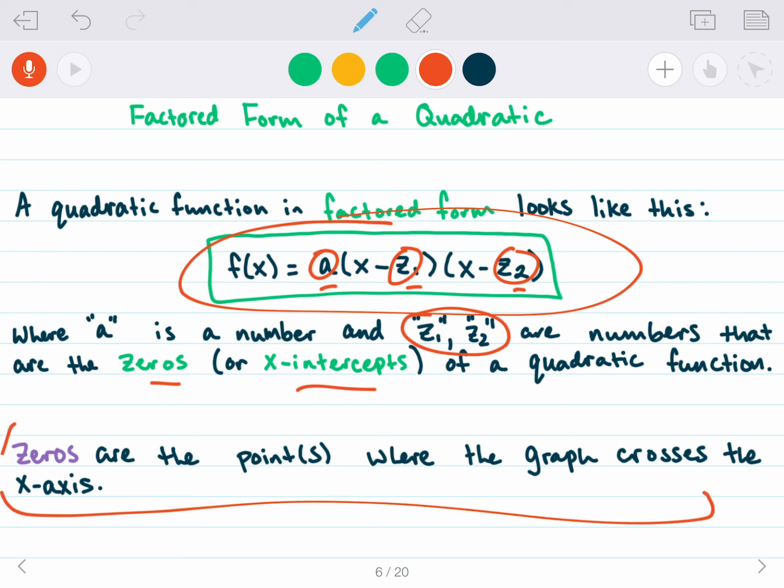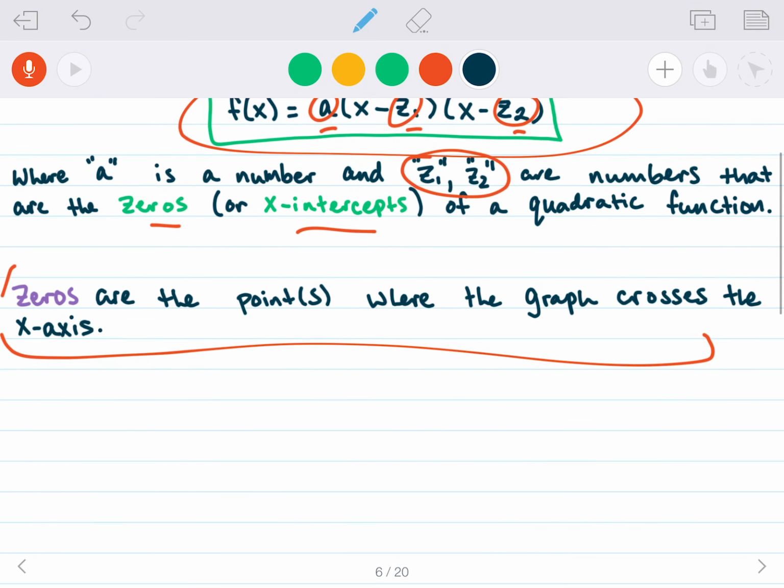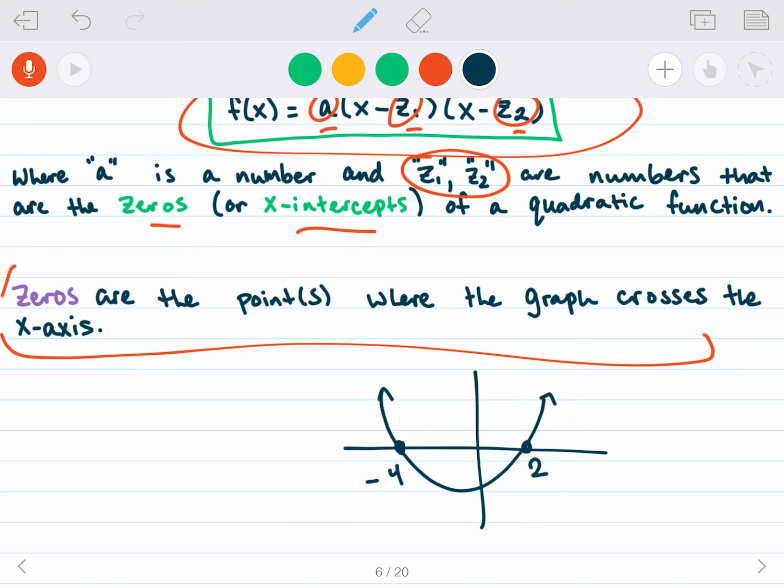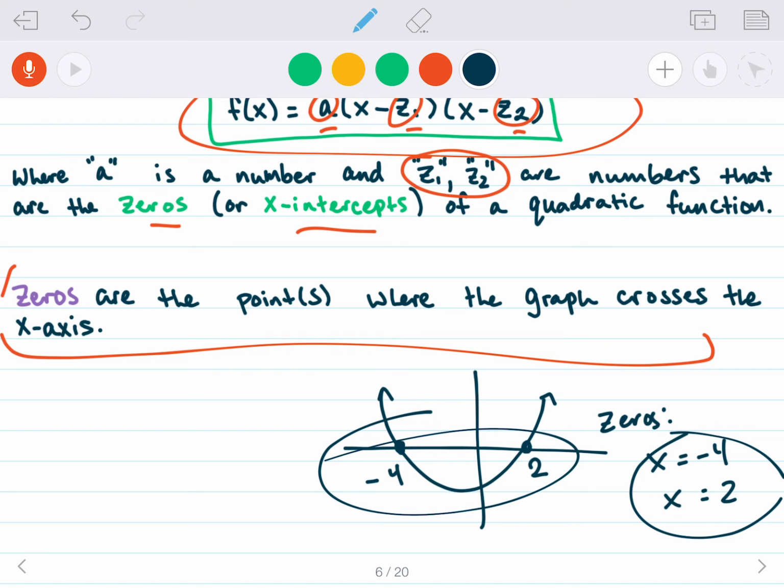Zeros are the points where the graph crosses the x-axis. So if our quadratic function in Desmos looks like this, and maybe this is negative 4 and this is 2, then the zeros would be x equals negative 4 and x equals 2. It's just where the graph crosses the x-axis.